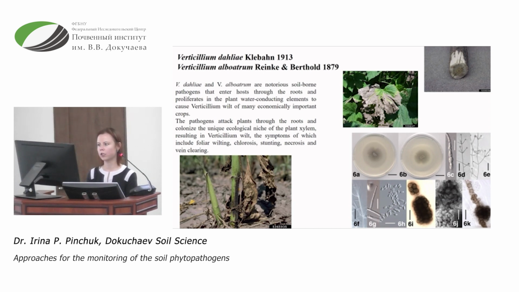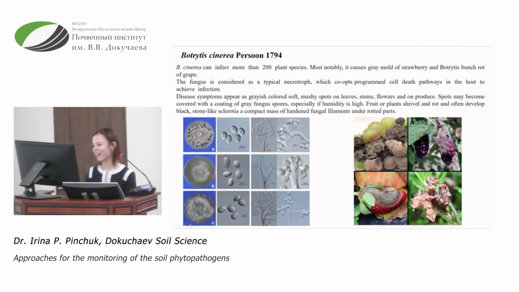These two pathogens cause Verticillium wilt of many economically important crops, and you can see here how it attacks the stems and the higher plants. Also on the Petri dish you can see the conidia, microsclerotia, and also sclerotia, which it creates.